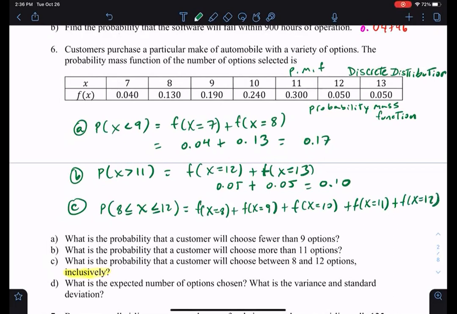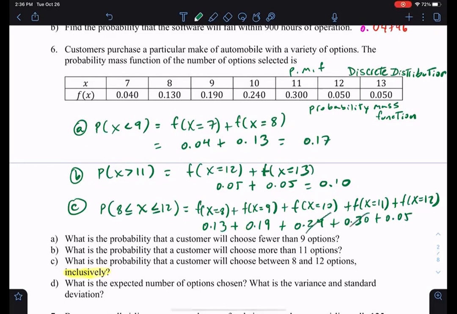Yeah, so just compute these values, right? So 8 is 0.13, this is 0.19, this is 0.24, this is 0.30, and this is 0.05. Okay, so just need to add the numbers.